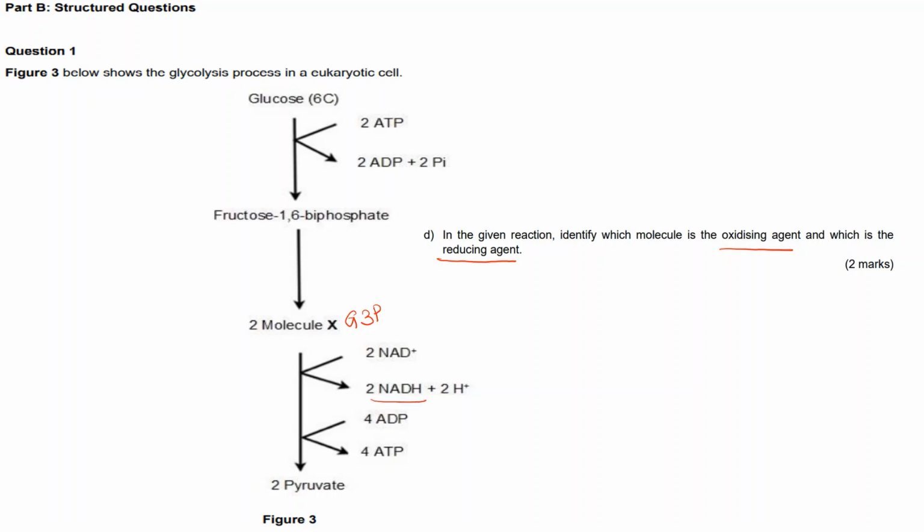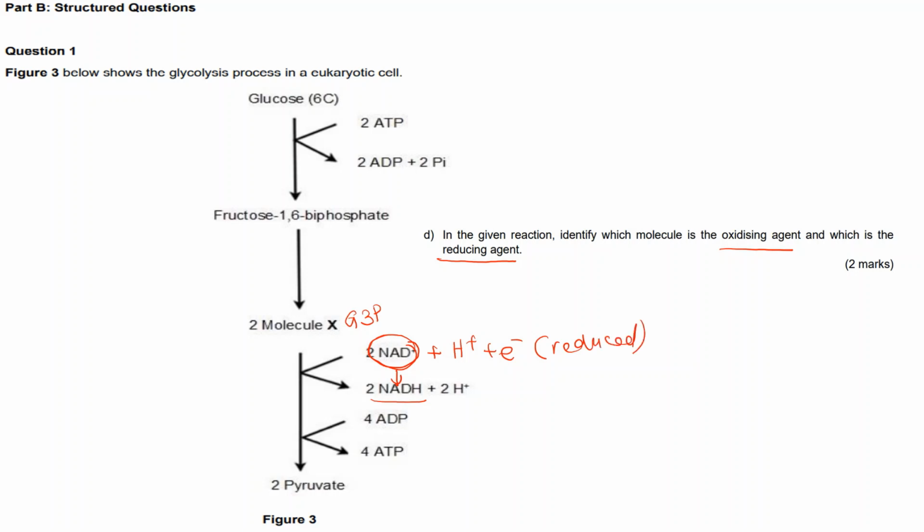NADH is formed from this molecule, which is NAD plus. In order for NAD plus to form NADH, it means that this molecule has to be reduced. NAD plus will accept hydrogen ion and also electrons. So it is reduced to become NADH.